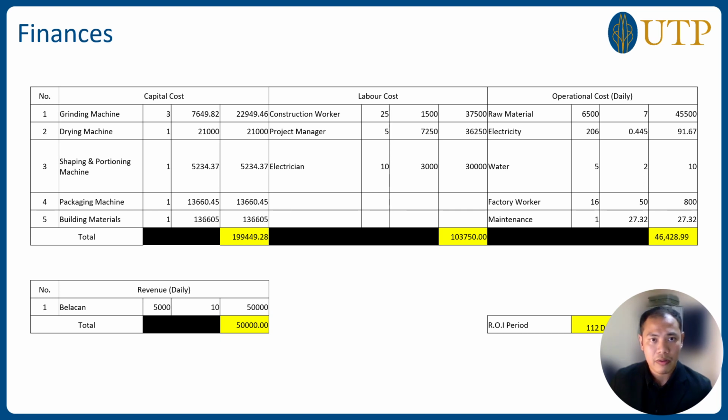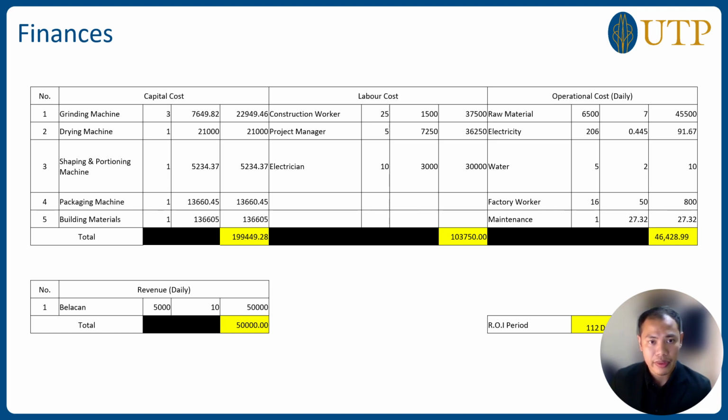And the third cost that we took into consideration was the daily operational cost, where the things that we took into consideration were raw materials, electricity, water, factory workers, and also maintenance. Then we calculated the revenue that we could produce with 5,000 kilograms per day, and we chose to sell our product at 10 ringgit per kilogram, which is below market retail price as we are acting as wholesalers.